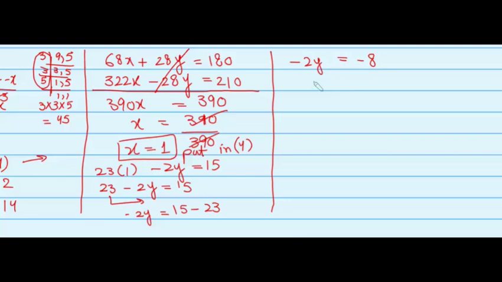Dividing both sides by negative 2, so we have negative 8 over negative 2. Negative negative cancelled, and 2 4s are 8. So y is equal to 4 is the second value, right? So the point of intersection of the two lines will be x comma y, which is 1 comma 4. So this is the solution we have, right?